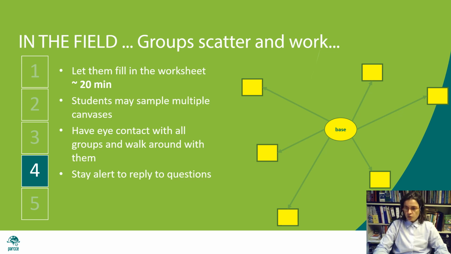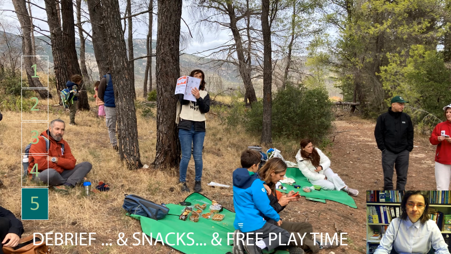So make sure that you take canvases from areas that are green and areas that are less green. Stay alert and be ready to reply to questions, because for sure they will have a lot of questions in the way that they will need to work to fill in the worksheet.